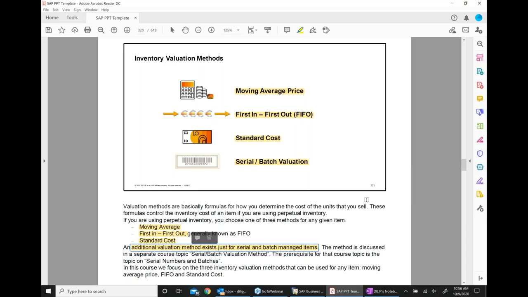Serial and batch valuation is only available for material which is serialized and batch managed. Now, what is serialized and batch managed? That is the next topic. There could be some material which is subject to serialization, and some material which could be subject to batch number. So the fourth option is only available for those items.